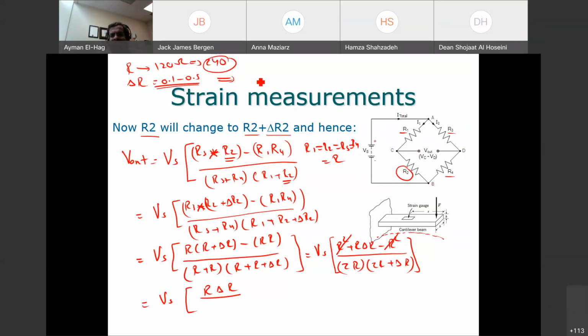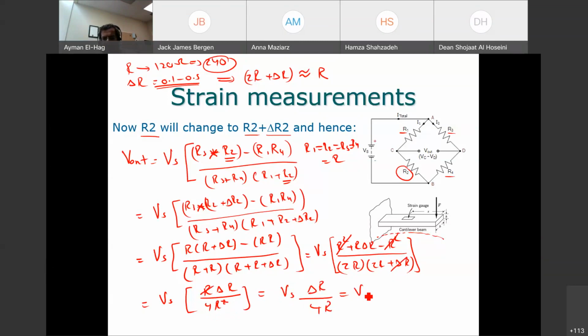So we can say that 2R plus delta R is approximately equal to 2R. This is just to make the formula look nicer. So this becomes 2R and this is 2R, and we'll ignore this one. So this becomes 4R squared. Then R will cancel with the square. So the change in the voltage will equal Vs delta R divided by 4R.